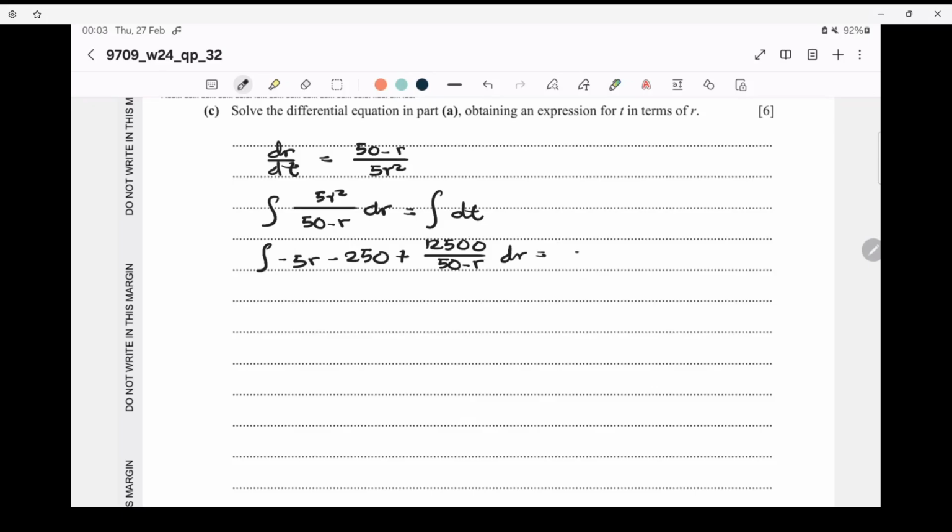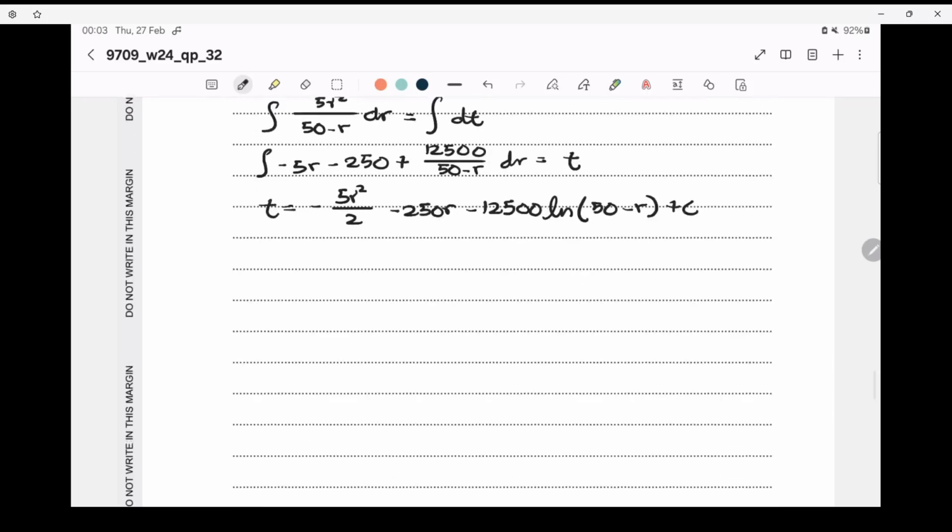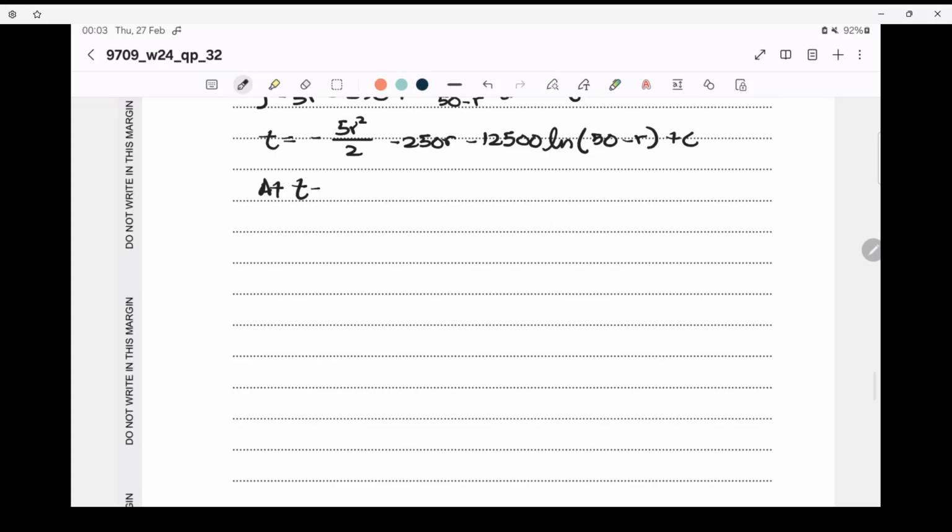So the right side already integrated, you get t. So you integrate everything, it will be t equals minus 5r squared over 2 minus 250r minus 12500 ln(50 minus r) plus c. So at time t equals 0, r is also equal to 0.